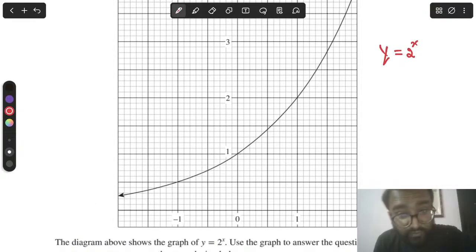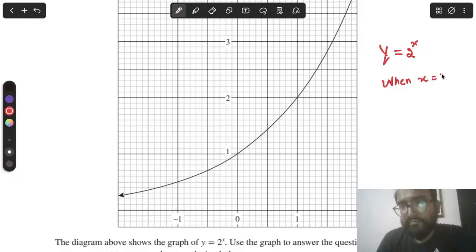When x equals 2, then y equals 2 power 2. Am I right?